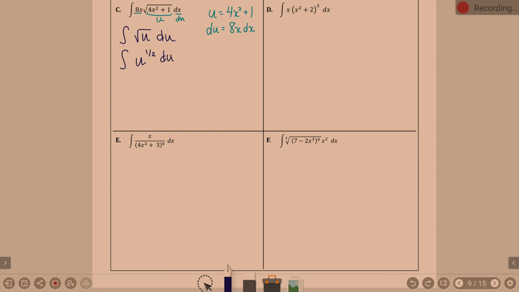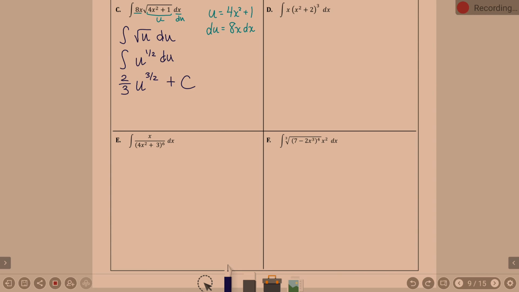Okay, so integral of u to the 1/2 du. So 2/3 u to 3/2. Add 1 to the power, 3/2. Divide by 3/2, times 2/3, but I don't think you yet see me write that because dividing by 3/2 is multiplying by 2/3. And then plus c.